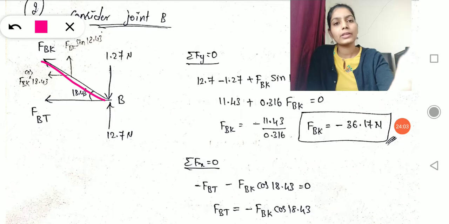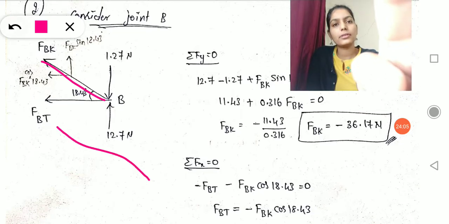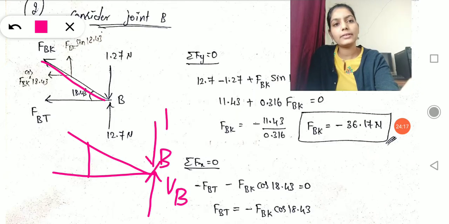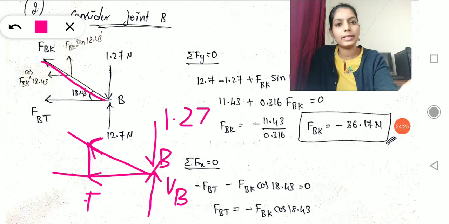See here, you have a truss like this, right? This is your joint B. VB is acting vertically upward, and vertically downward is 1.27. This is the member FBK, and this is the member FBT.